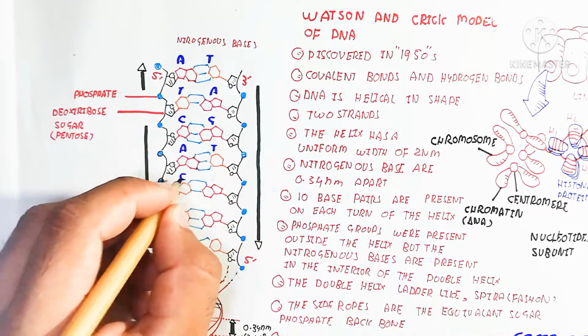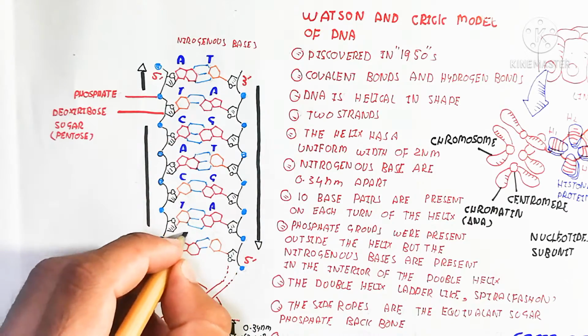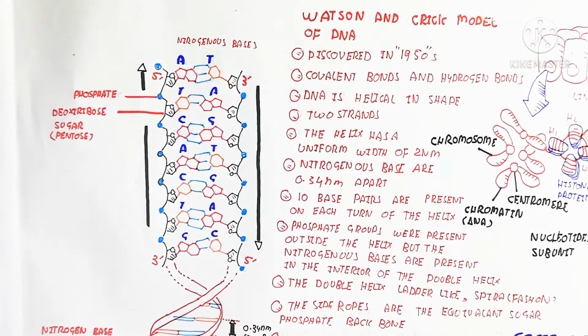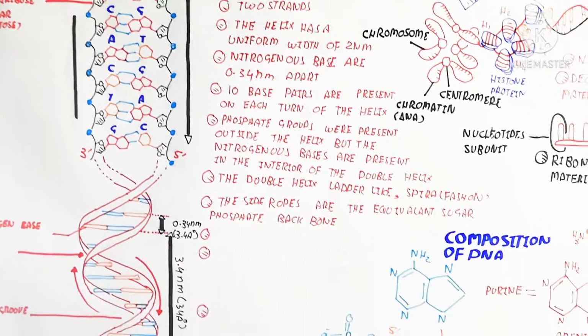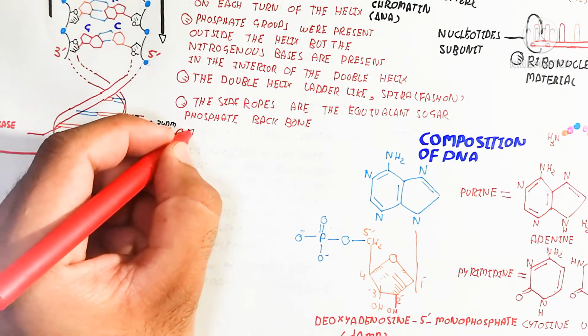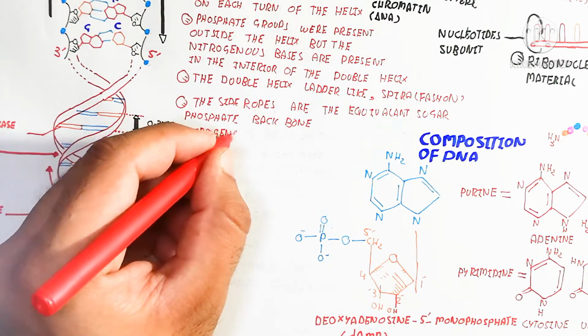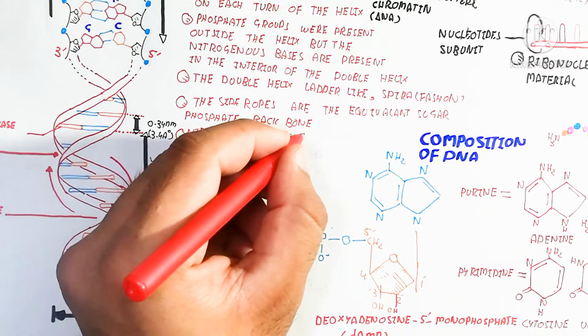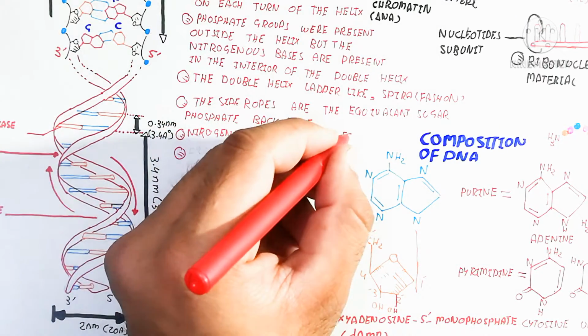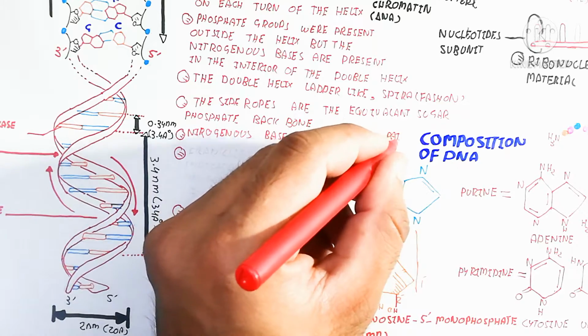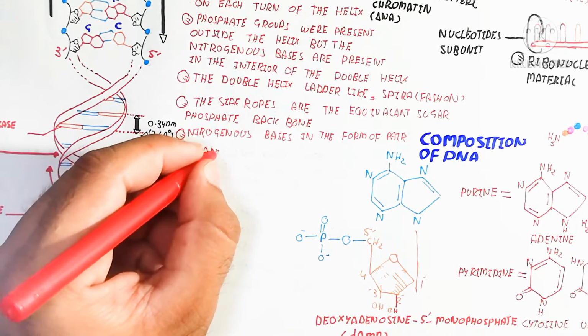The cytosine is attached with guanine by a triple bond, while thymine is attached with adenine by a double bond. So the triple bond is between cytosine and guanine, while thymine to adenine is the double bond. I hope that makes sense.